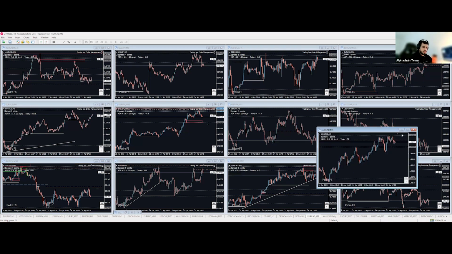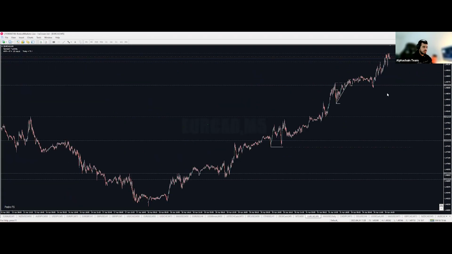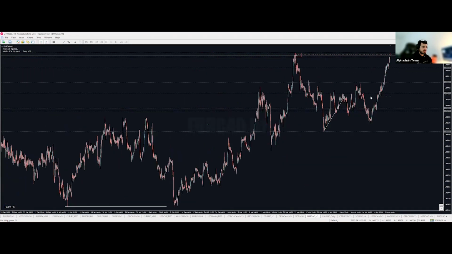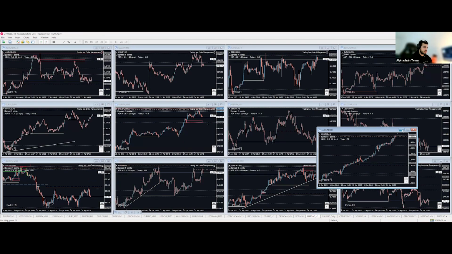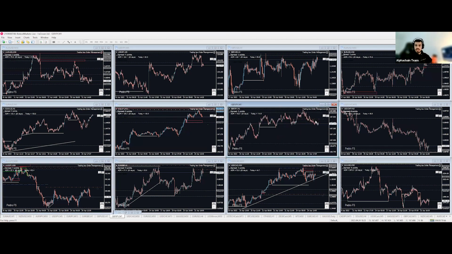Sometimes it really provides really good setups as well, kind of after moving for a long time. Even some minor pairs as well. This can be really interesting.